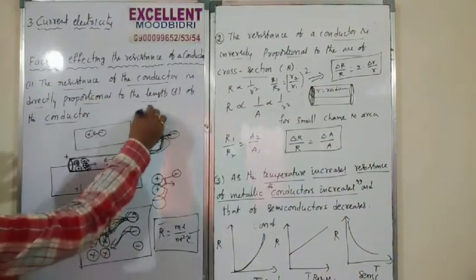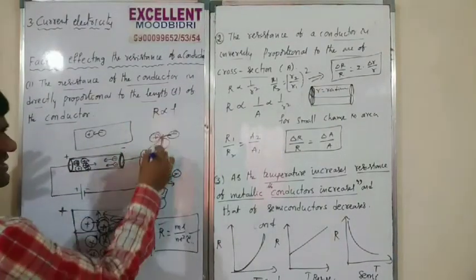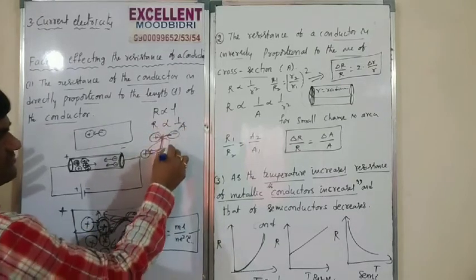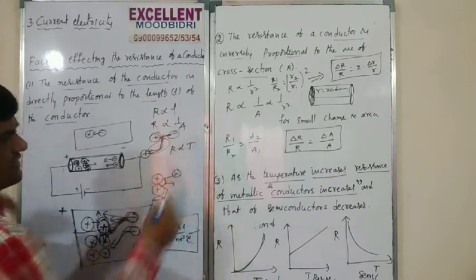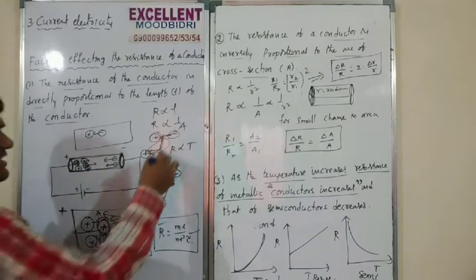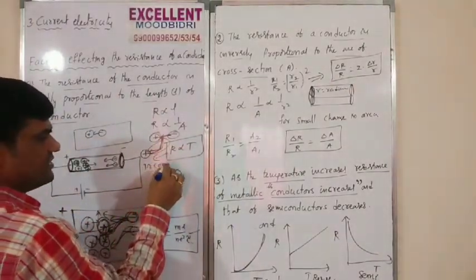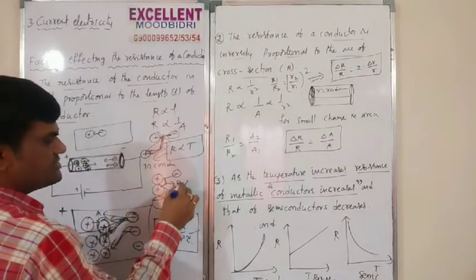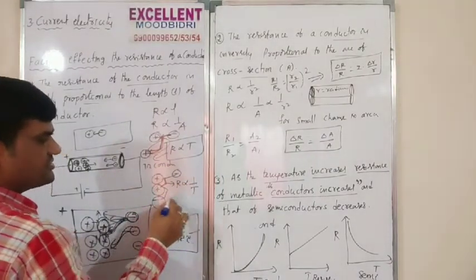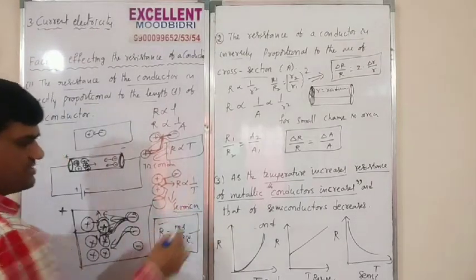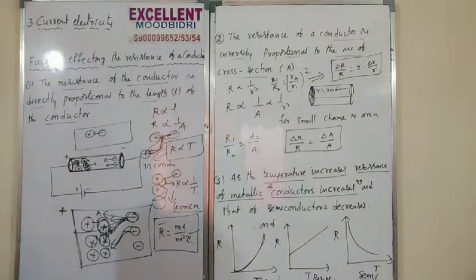R is directly proportional to L. R is inversely proportional to the area of cross section. And R is directly proportional to the temperature in conductors, and inversely proportional to the temperature in semiconductors. Remember this point.